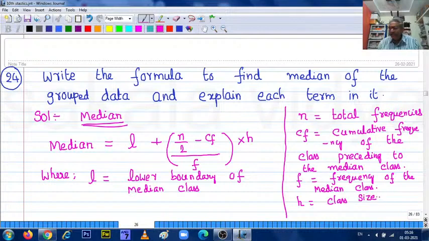So in this way we need to remember the three formulae. 22nd question, 23rd question, 24th question are related to the formulae of the mean, mode and median respectively.